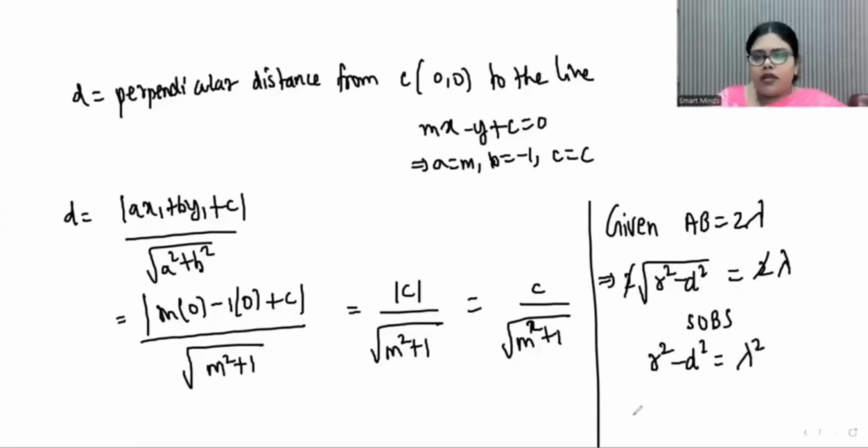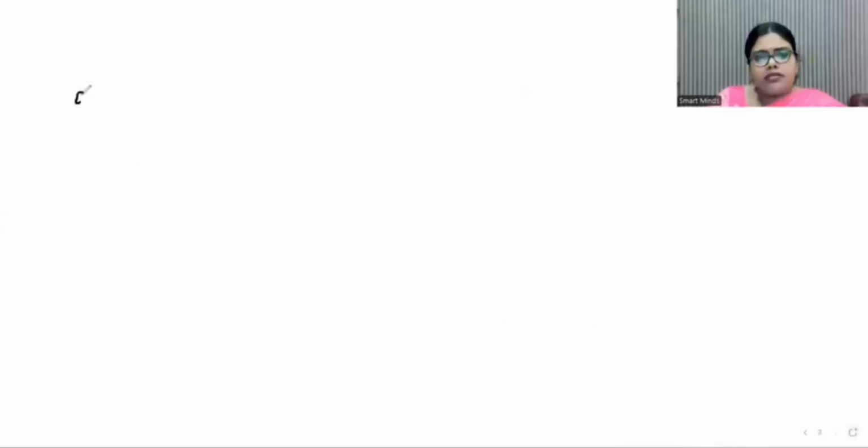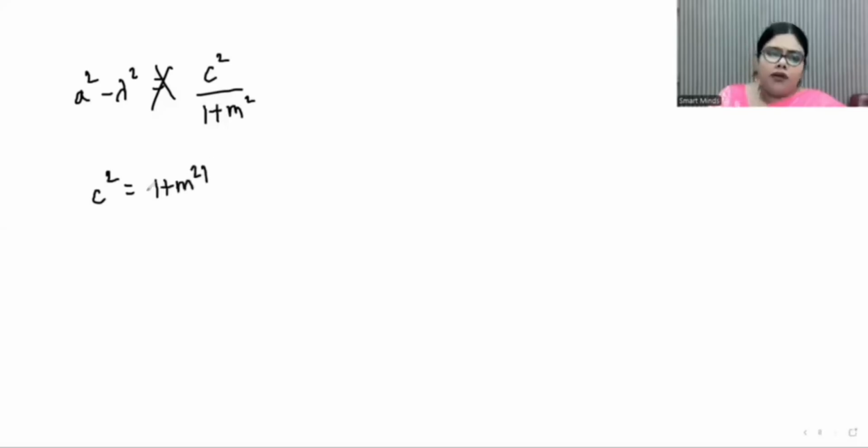Now what is r square? r square is a square, minus what is d square? c square by m square plus 1, is equal to lambda square. So a square minus lambda square is equal to c square by 1 plus m square. If you cross multiply, you will get c square is equal to 1 plus m square into a square minus lambda square. This is the final answer.